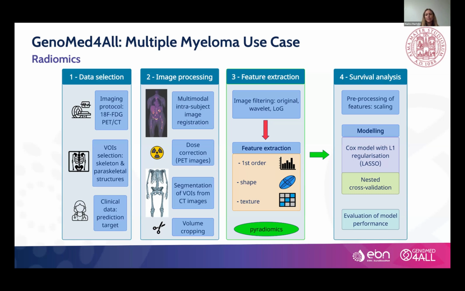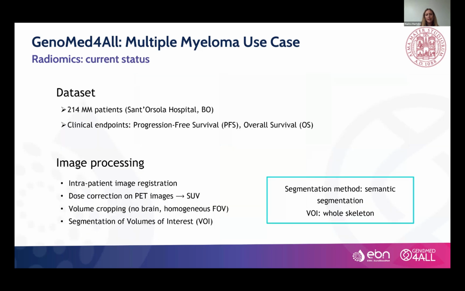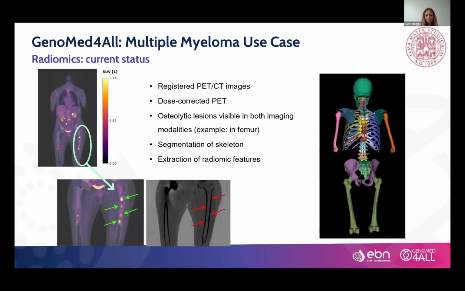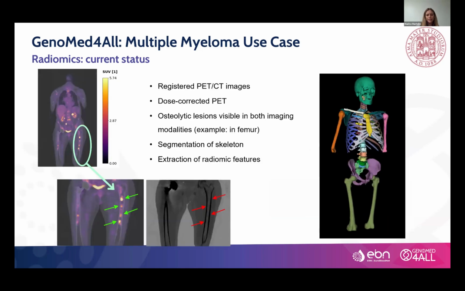At this specific moment, several survival analyses are ongoing in order to define which of these features extracted from the images are the most useful in order to predict the outcome, and in particular the early relapse.